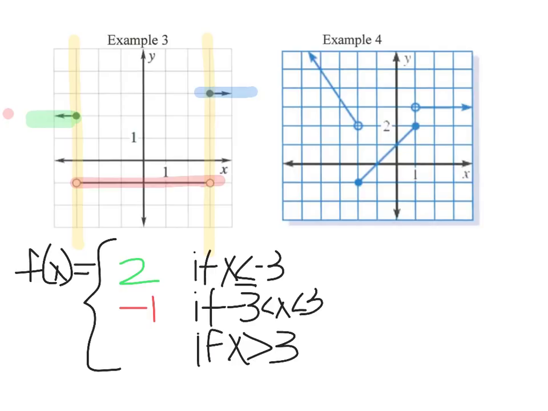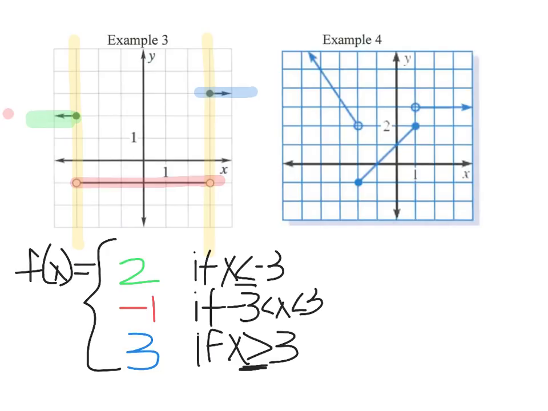So we would say y equals +3 if x is greater than or equal to +3 because it's a closed circle. All right, and you just wrote the piecewise function that represents example number 3. All right, now last but not least, example number 4.